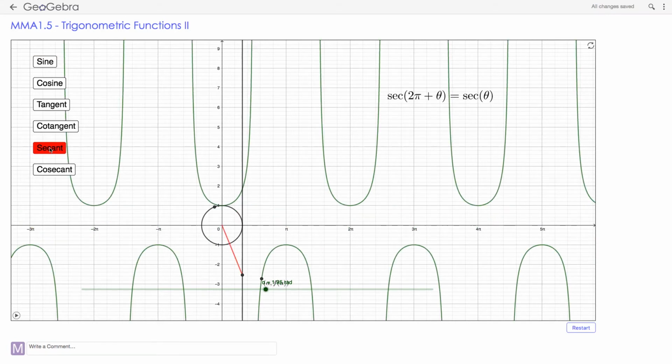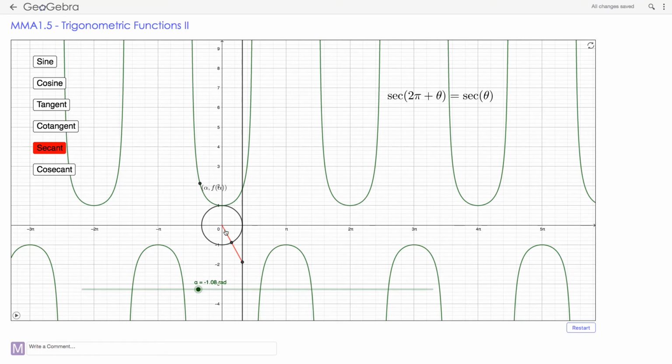Then we also had the secant function. Here it wasn't the crossing point, but the length of this piece of line that gave us the value. So the graph of the function will always have a distance at least equal to 1, but that's obvious, right?